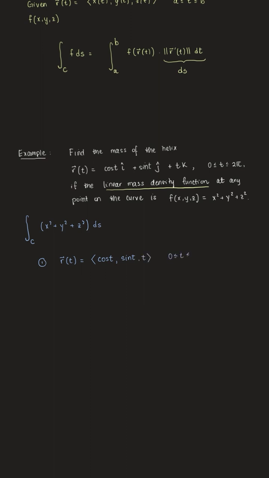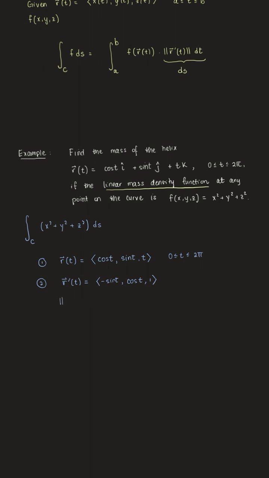All right, we will need to find our arc length differential, and to do that, we'll need the velocity of our curve, and its magnitude. So we need speed. Finding the velocity is taking the derivative of our curve, so we'll have negative sine t, cosine t, and 1.